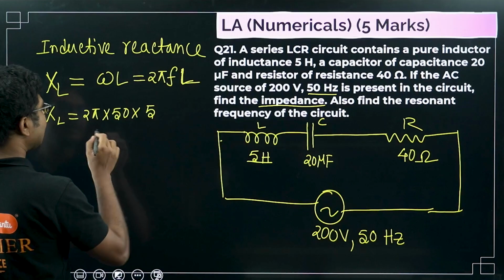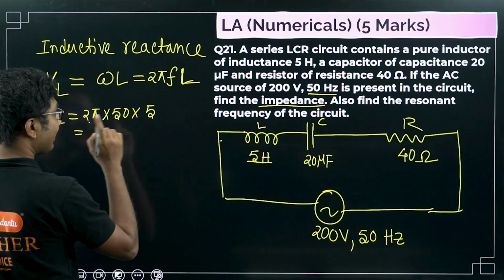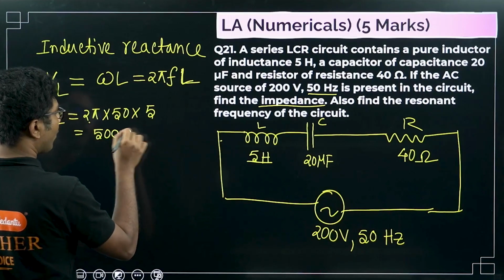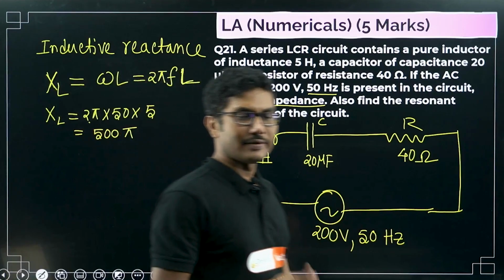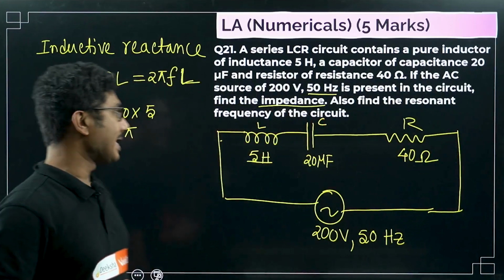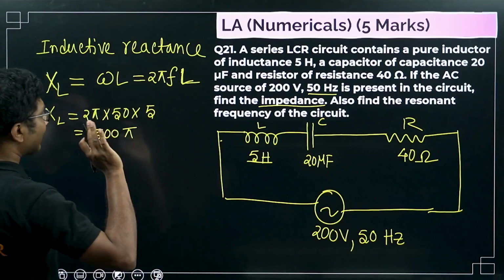So what is this value? 2 pi times 5 is 10 pi, 500 pi. For now I am not inserting the value of pi right away. We will use it later, as we will do in future problems as well. So I am keeping it as pi.